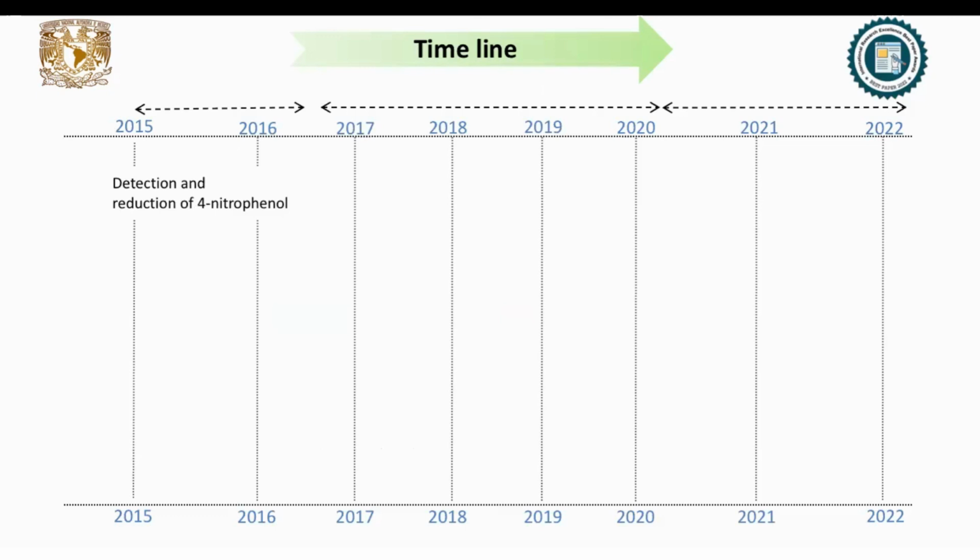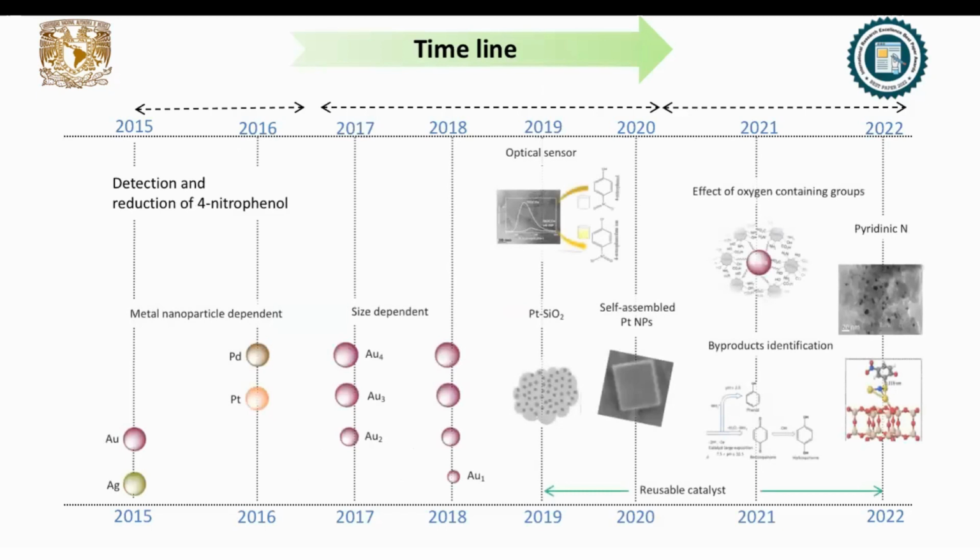In that, we reached today's stage by using different functional groups, studying the effect of oxygen containing groups and the effect of different functional groups on the elimination and detection of 4-nitrophenol.